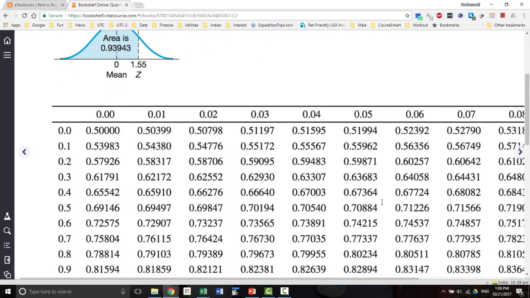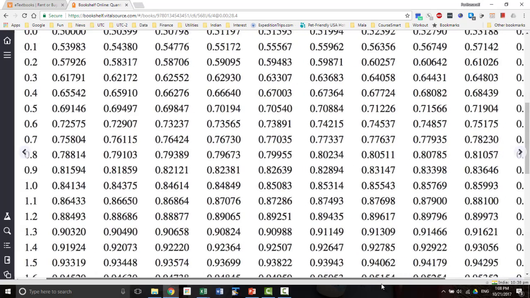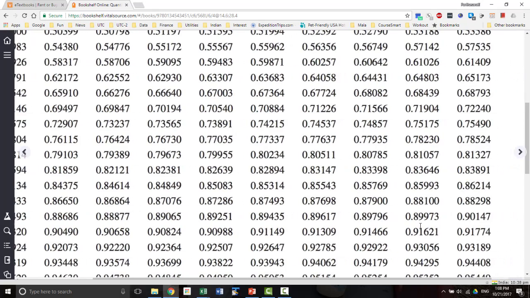Now remember, probability is inside the table and the z values are on the margin. So you need to look for 90%, and it's likely that you may not find the exact 90% listed in the table. So you have to do some adjustment or some approximation.